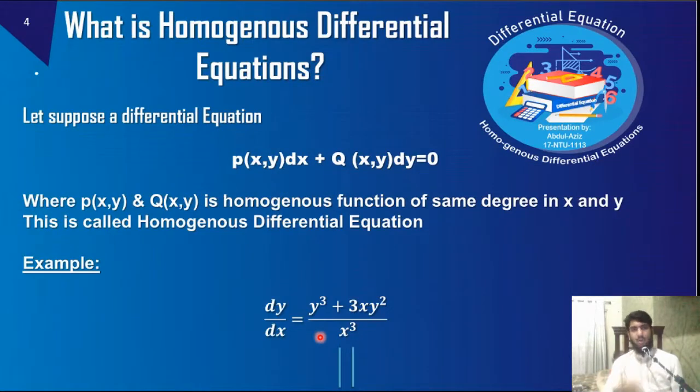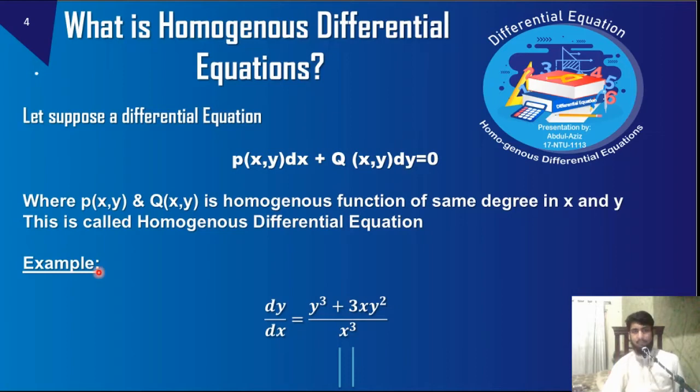So what is a homogeneous differential equation? Let's suppose a differential equation P of xy dx plus Q of xy dy equal to 0. This is the general form of a homogeneous differential equation, where P of xy and Q of xy are homogeneous functions of the same degree in x and y.